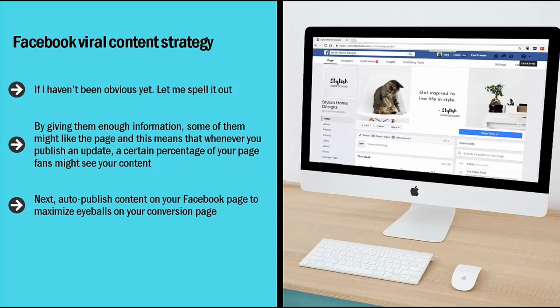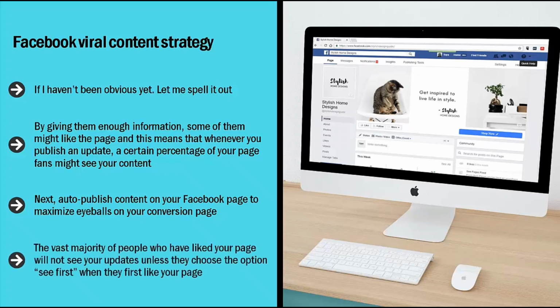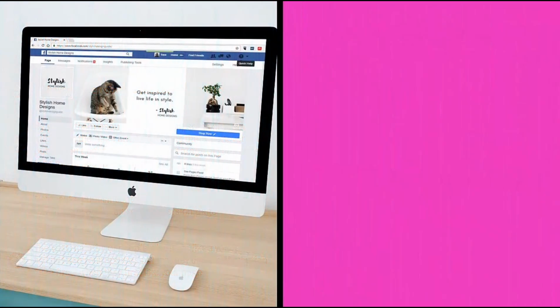Next, auto-publish content on your Facebook page to maximize eyeballs on your conversion page. In other words, keep posting on a regular basis to your Facebook page. Don't feel guilty about this. Please understand that only a tiny minority of your Facebook fans will get to see your updates. The vast majority of people who have liked your page will not see your updates unless they choose the option See First when they first like your page. But generally speaking, only a small percentage of your page fans will see your updates, so it helps to publish on a regular basis and to publish a lot.